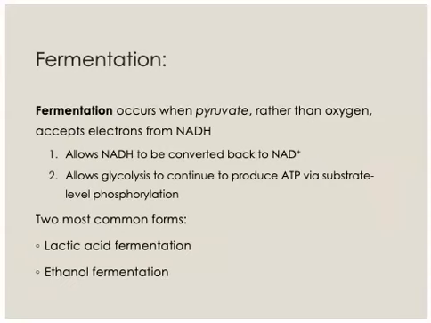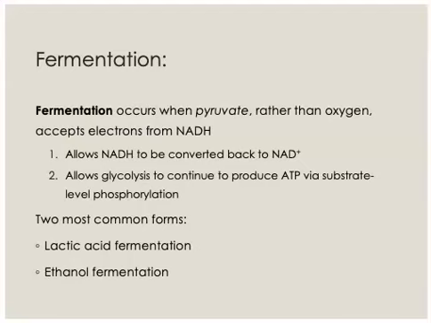So fermentation occurs when pyruvate, rather than oxygen or another final electron acceptor, accepts electrons from NADH, allowing NADH to be converted back to NAD+. And as long as NAD+ is around, glycolysis can continue.